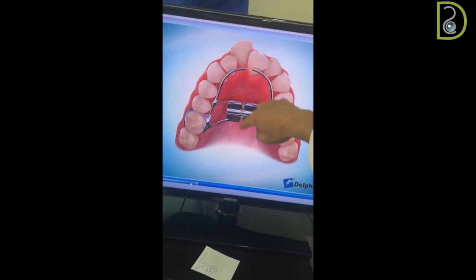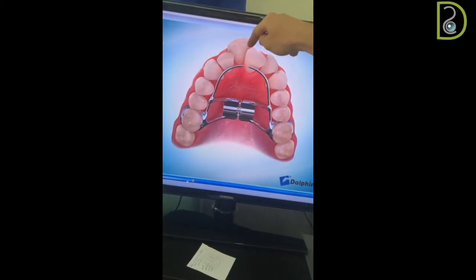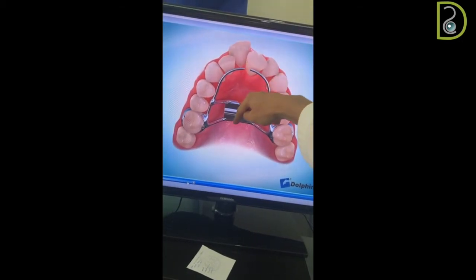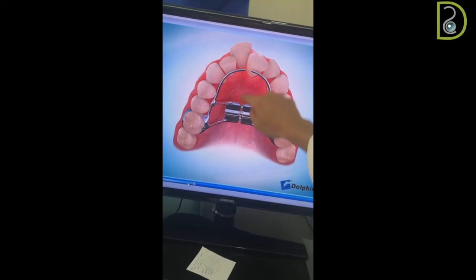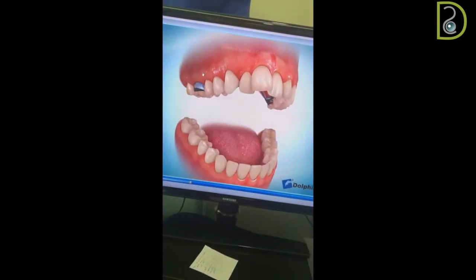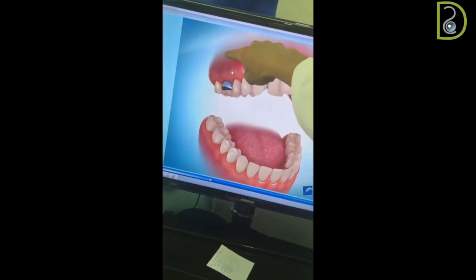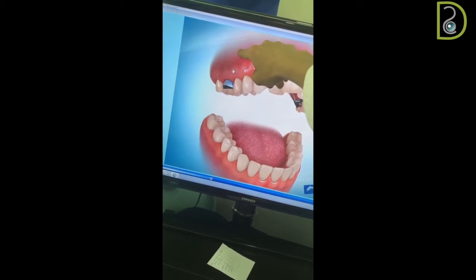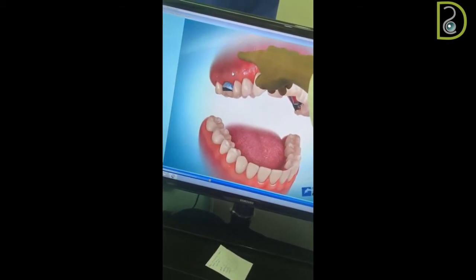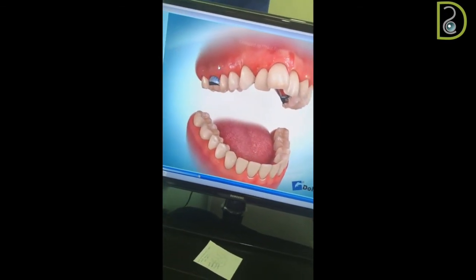He will not cut this tissue, but he will go from inside, from the labial side, and he will use his chisel and mallet, and he will dig all the way until he gets here. So he breaks this suture. There is a suture in the middle. He breaks it, and not only this, he breaks the suture between the maxilla and the zygomatic bone. The suture here is cartilaginous. After the patient finishes the growth spurt, it's not going to be cartilaginous anymore, and it will be ossified bone. So he cuts this suture.